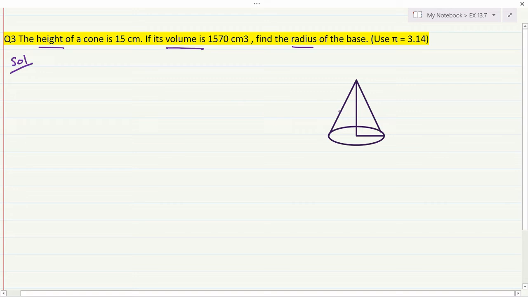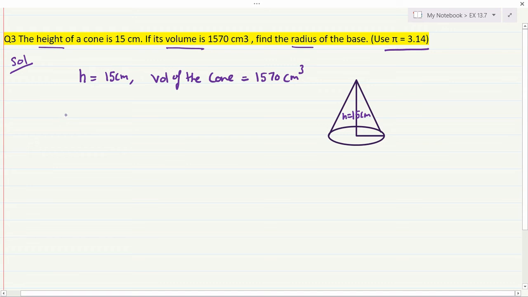So H is 15 centimeter and the volume of the cone is 1570 centimeter cube, right? And the value of pi you have to take as 3.14.